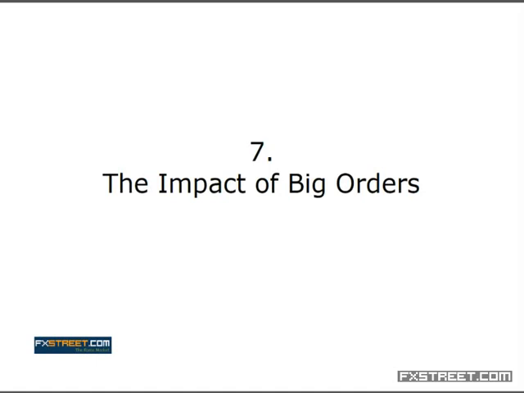So we would have to divide this number through 24 hours, and then through 60 minutes, and still you are having an average per minute, in which a lot of orders can be executed.